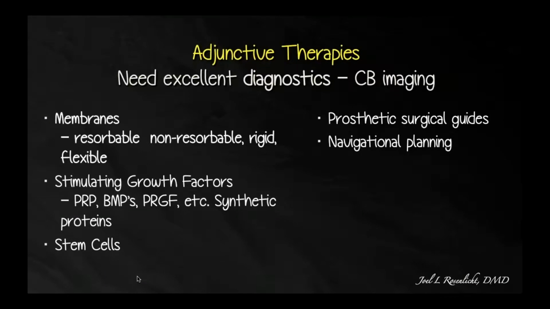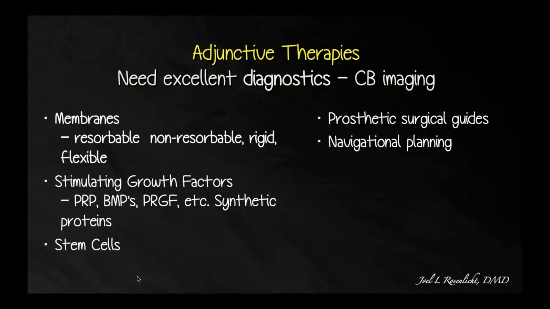So what are some of these adjunctive therapies that I'm talking about? And I put this up here. I think that in order to be able to determine what we're going to be doing and what we're going to be using, you need to be good at your diagnostics. So cone beam imaging, I think, is very important to determine the quality of the underlying bone, the size of our defects in 3 dimensions, and it really helps us determine what our approach is going to be to our grafting.